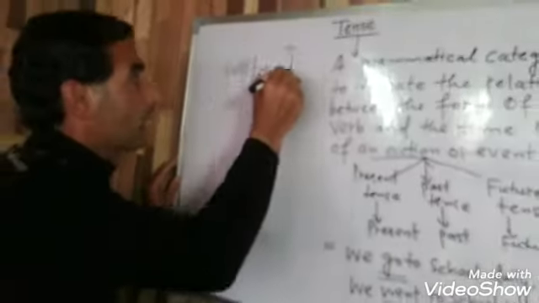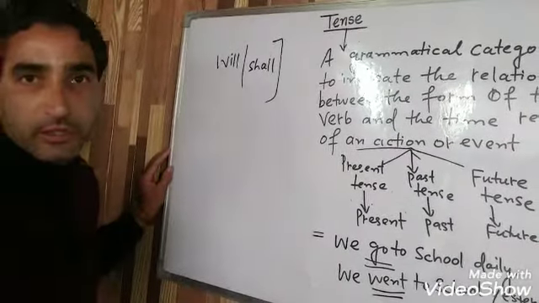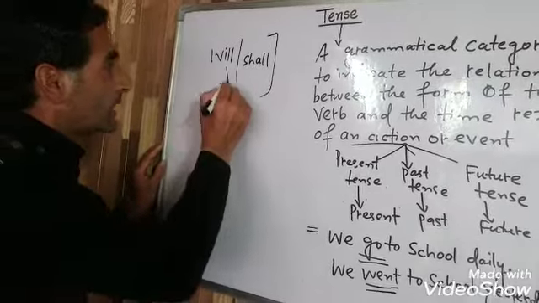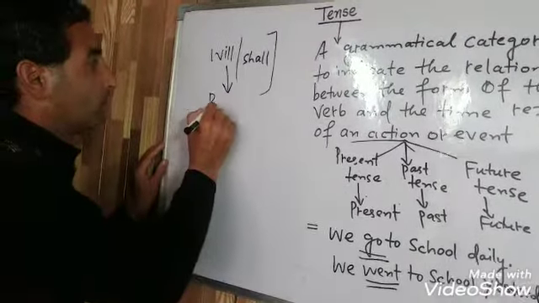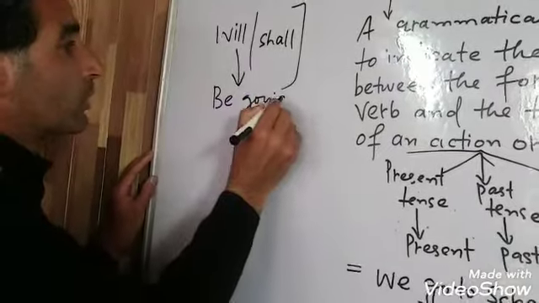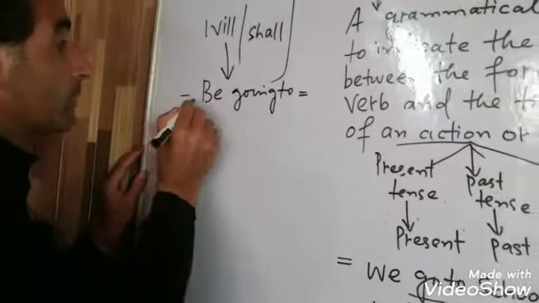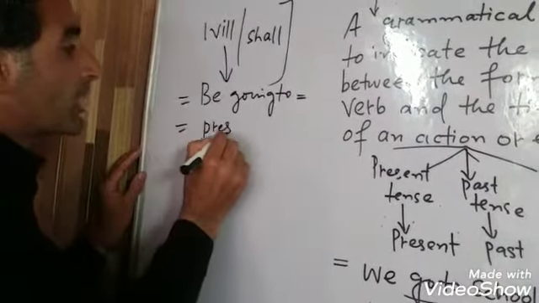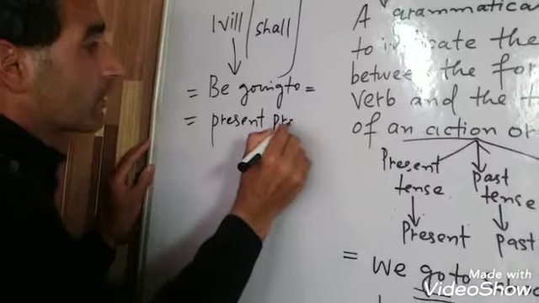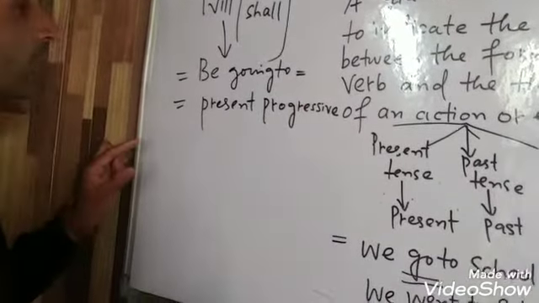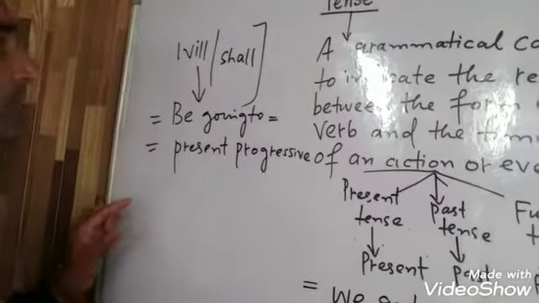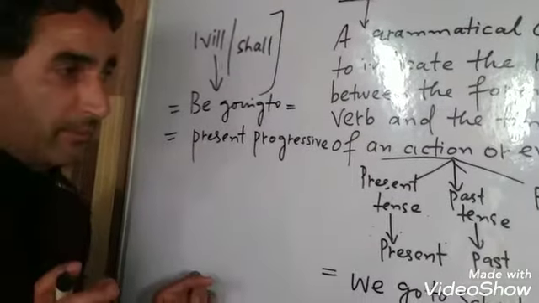They are not the markers of future tense. And we use other ways to express this future time. For example, we use the be going to form. Even we use the present progressive to express this future time, and we use various other forms.